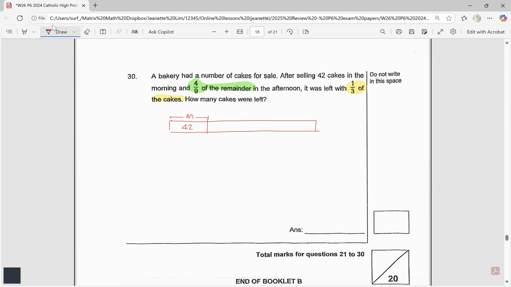Then for your remainder, you want 4/9, so you're going to cut into 9 units. Okay, I'll just cut this. You can redraw it below if you want, but I'll just cut it straight. 4 units for afternoon, and the rest will be the amount left.